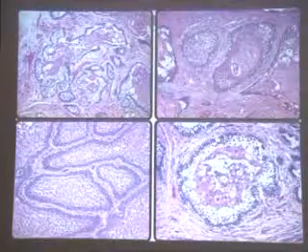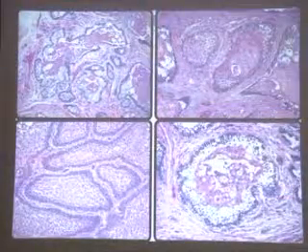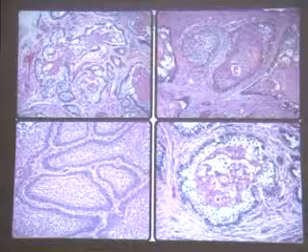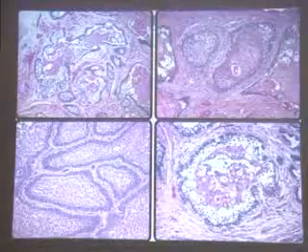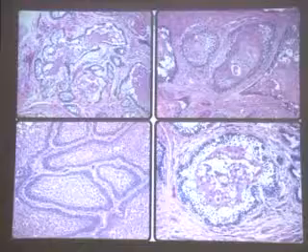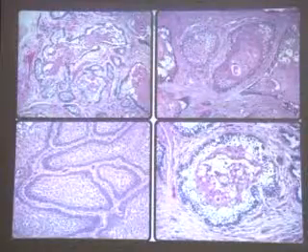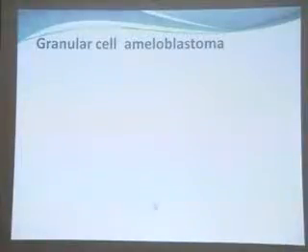You can very well appreciate these keratin-filled cells appearing like keratin pearls, and peripheral to this squamous metaplasia a small amount of stellate reticulum-like cells is there. So the acanthomatous ameloblastoma is similar to the follicular ameloblastoma. The only difference is in the differentiation of the central cells.